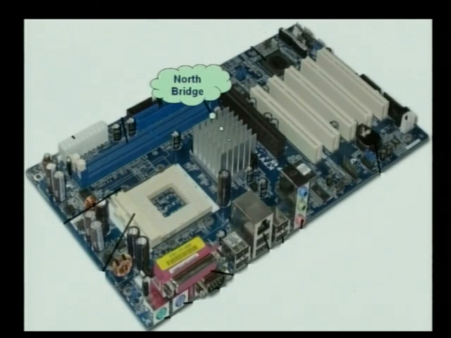So to avoid our component getting heated up, we put the heat sink so that heat can be dissipated. Actually this heat sink is put there to increase the area of the component. If the area of the component is less, then there will be more heat and our component can be damaged, right? So to avoid that, we are putting the heat sink there. I think you must have got the concept.